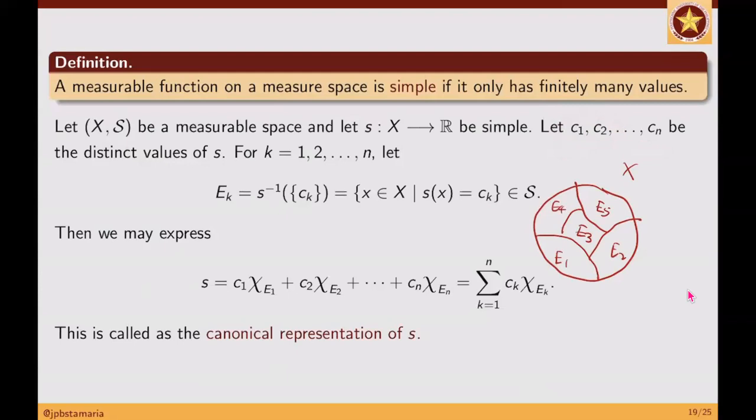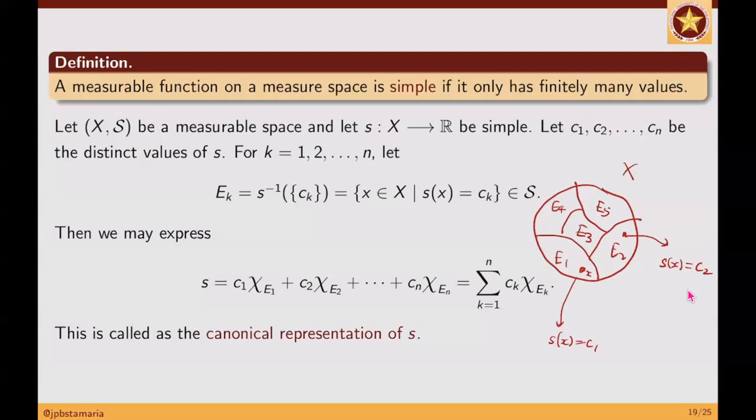Kunwari, yung mga nasa E1, ito yung mga may value na C1. Pag kumuha ng X dito, in-apply mo si S, C1 yan. Pag kumuha ng X dito sa E2, C2 ang lalabas na value. And so on. Ginugrupo mo lang yung mga points ng X into portions. That's the idea.